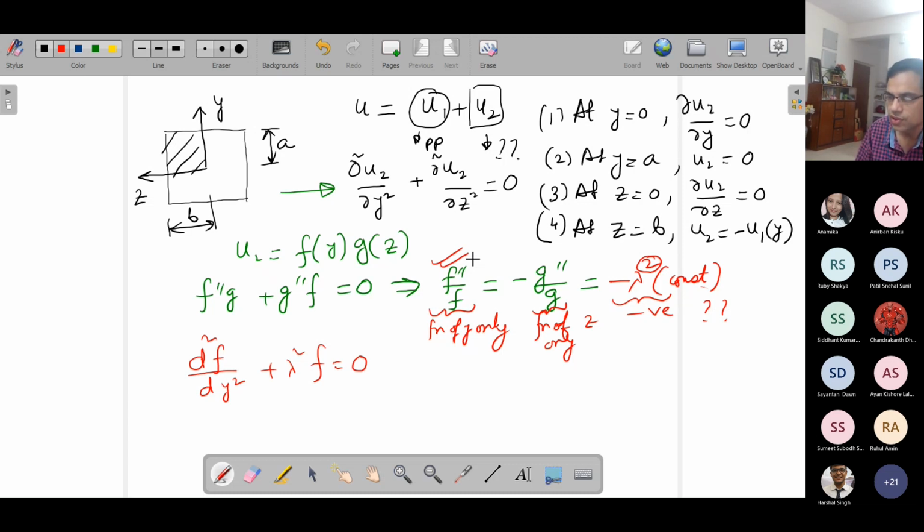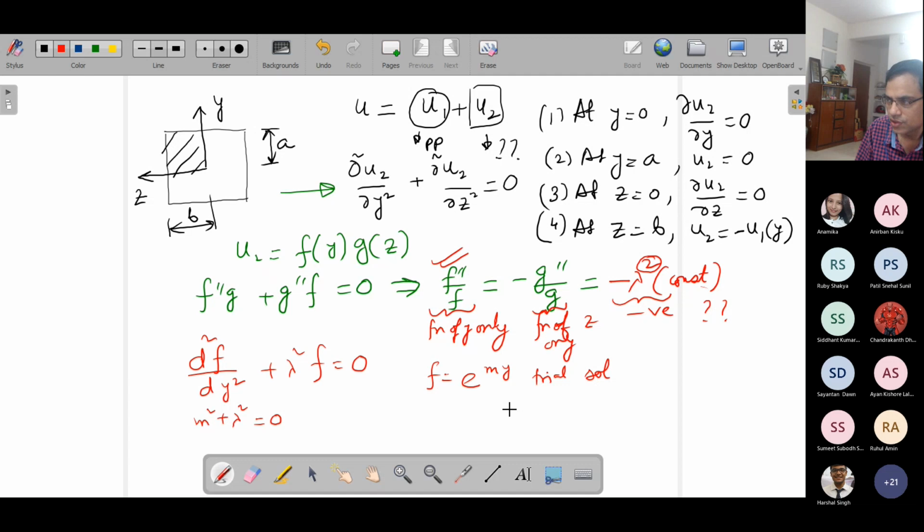So this is a homogeneous second order ordinary differential equation. You can substitute f is equal to e to the power my as the trial solution. So this is m square plus lambda square equal to 0. Right.